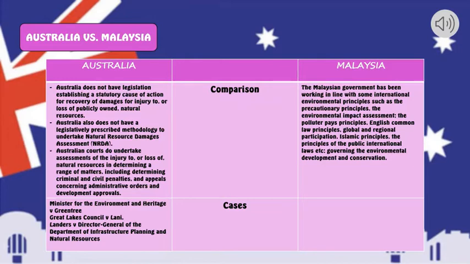Another example of a case in which a court ordered the restoration of an environment harmed by conduct in breach of a statute is Great Lakes Council versus Lani.